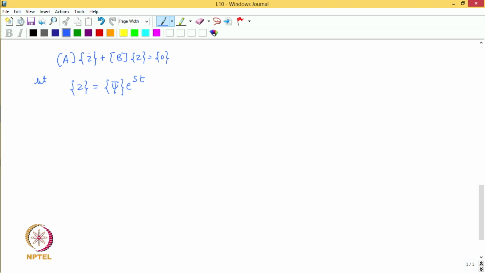So, let us say this is a free vibration solution, and if it is a free vibration solution, it must satisfy the state equation, right. By the way, this is called the state equation. It defines the equation of motion in state space.